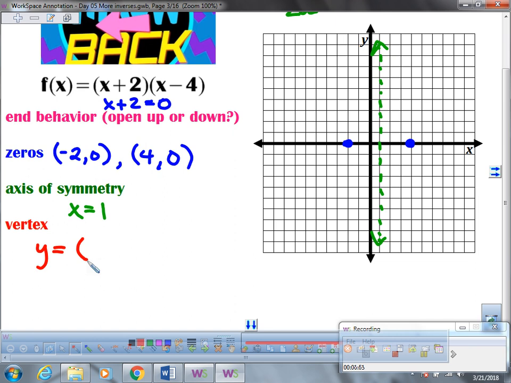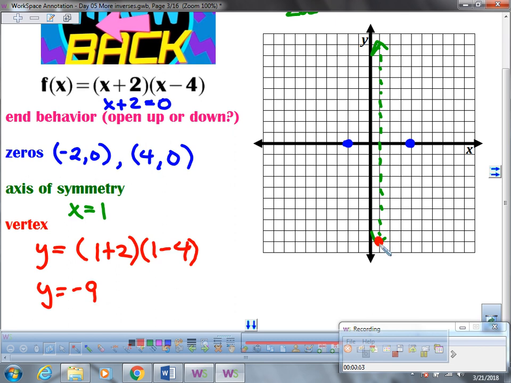I know that the vertex lies somewhere on that line that I just made, the axis of symmetry. So if I substitute 1 back in, I'm going to get negative 9. So my vertex is 1, negative 9.